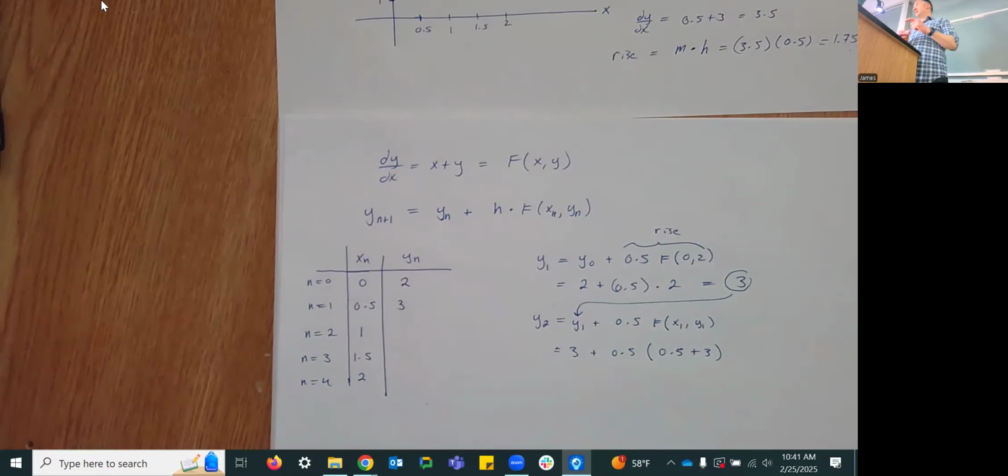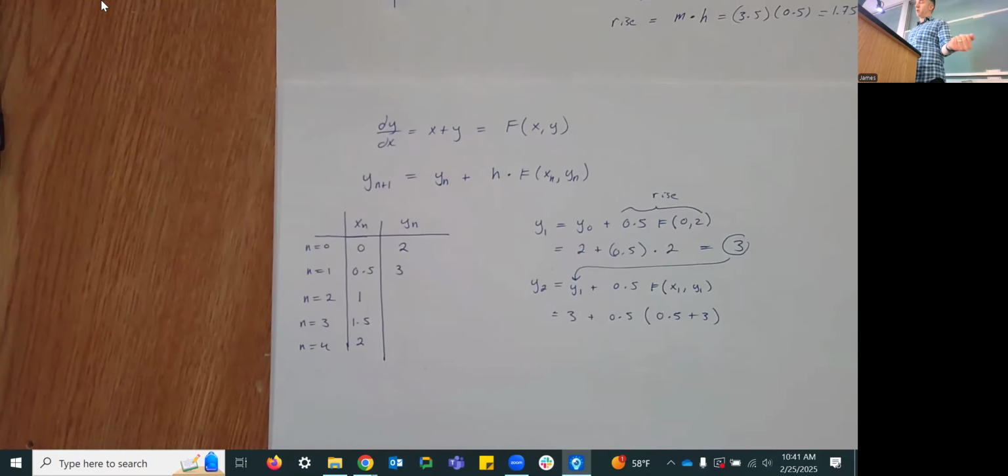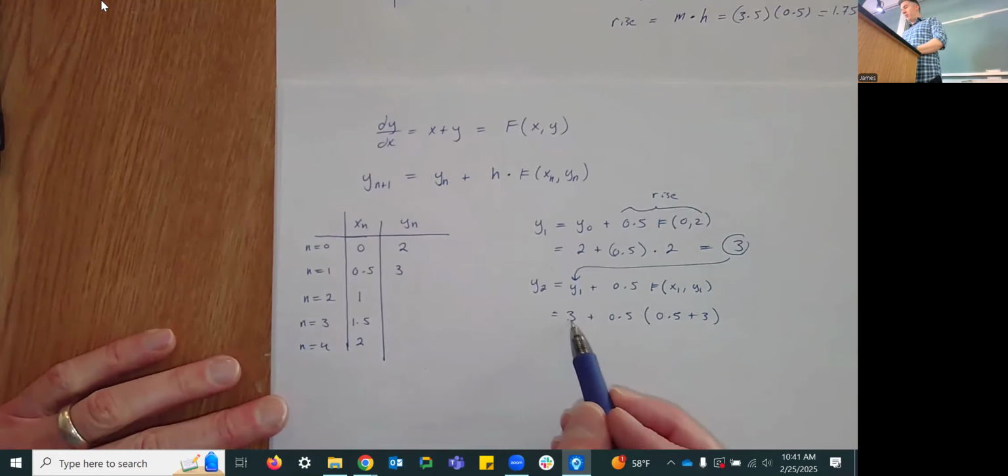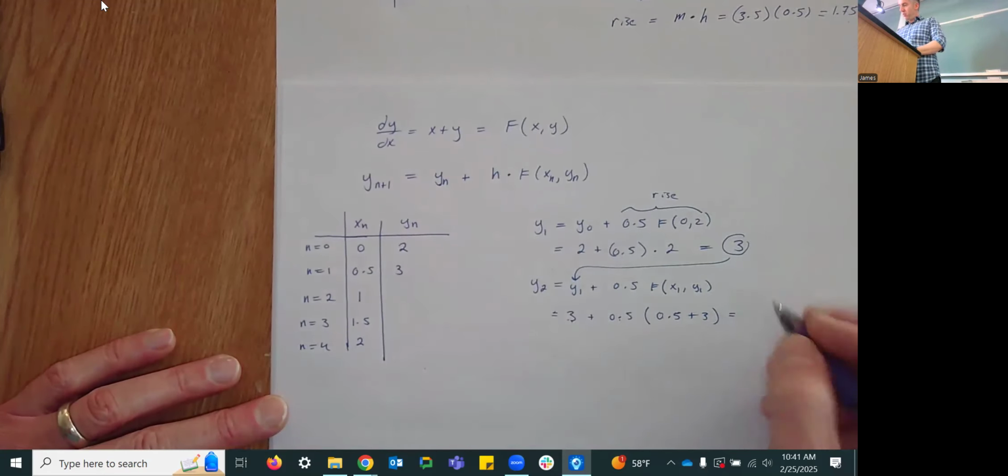I picked a very easy differential equation here, right? f of x comma y equal to x plus y, or dy dx equal to x plus y, is pretty easy to evaluate each time. So then we're getting 3 plus half of 3.5, which is 3 plus 1.75, which is 4.75.